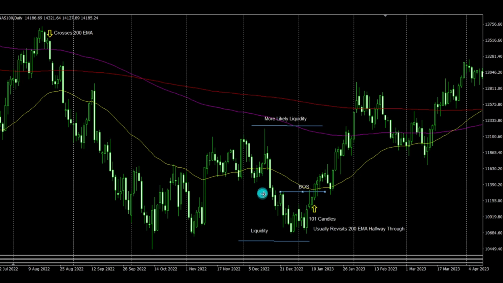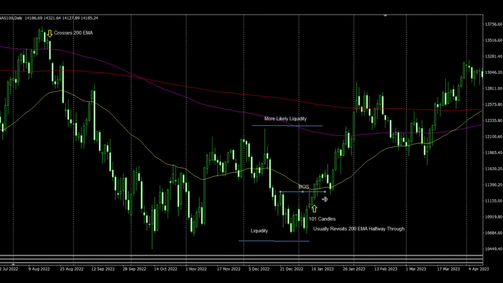And we can use ICT's concepts where there's a break of structure and then a return back to a breaker or an order block or a fair value gap. You can find those on the smaller time frames.